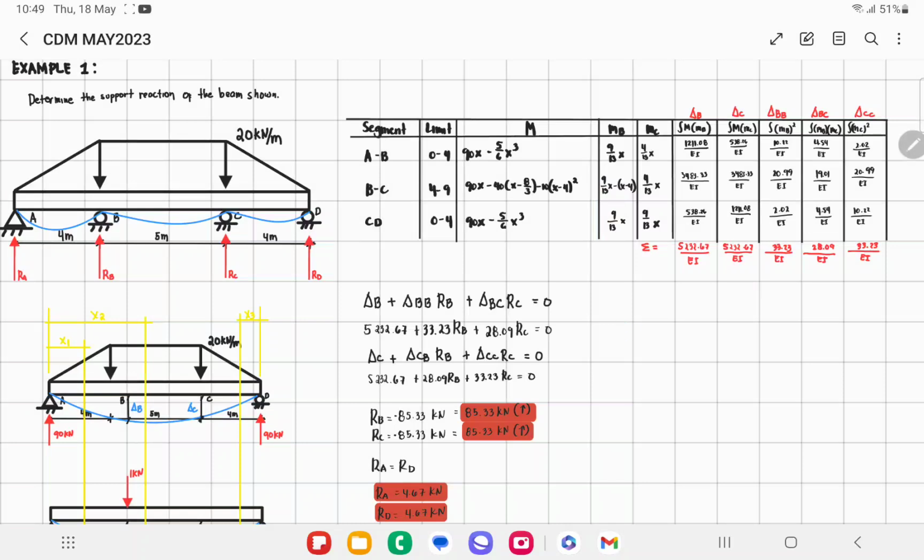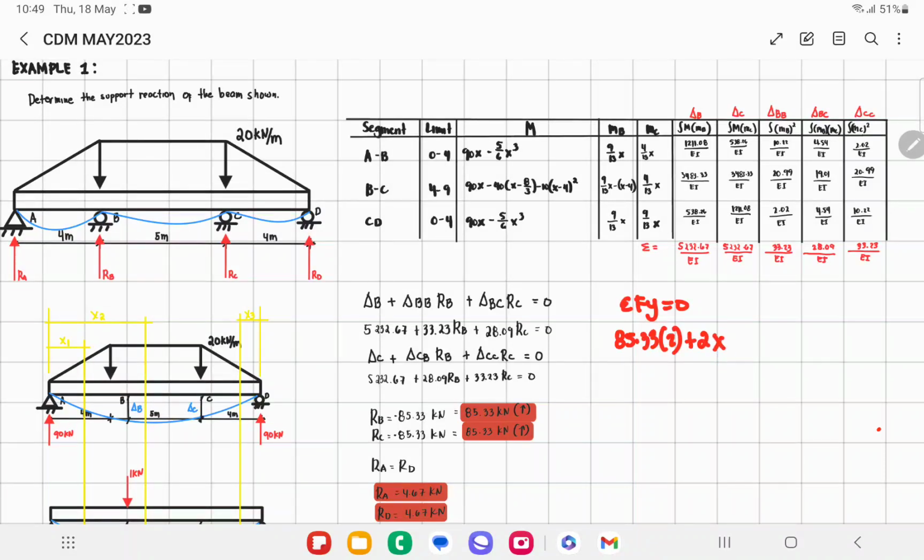Okay, so computing, since this is symmetrical lang naman, madali lang yan. So kung mag-summation forces y kayo, considering 85.33 times 2, and then since upward yung RC sa RD, so 2x na lang.